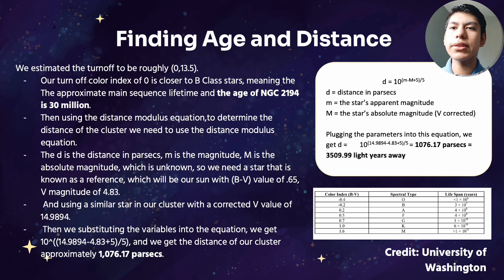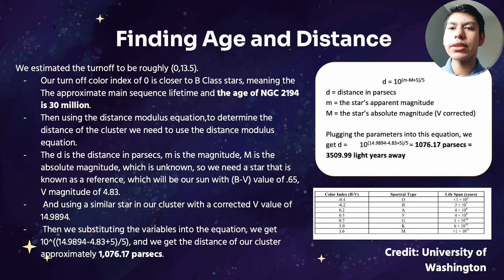Then, to determine the distance of the cluster, we need to use the distance modulus equation, in which d is the distance in parsecs, m is the apparent magnitude, and M is the absolute magnitude, which is unknown, so we need to use a reference star, which will be our sun, with a B minus V value of 0.65 and a V magnitude of 8.83.